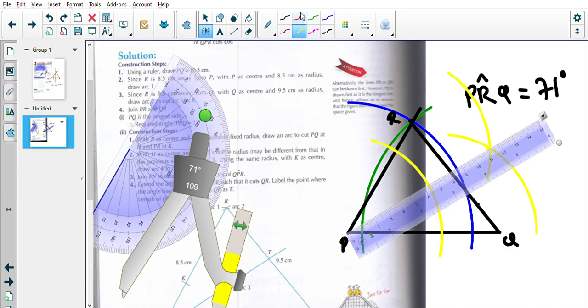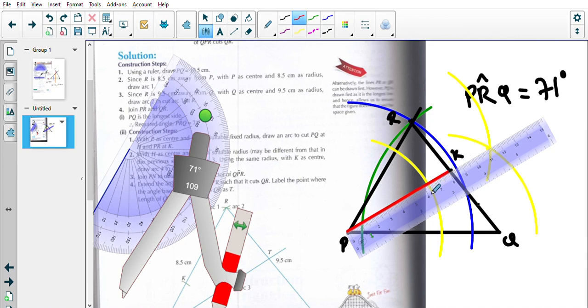Now we can draw this line with the red pen, so we get this. Now this red line intersects the line QR, and we can call this point K. Let's call this point K.